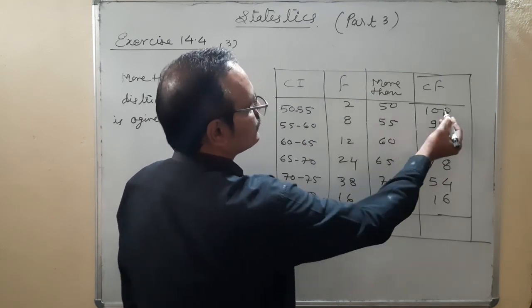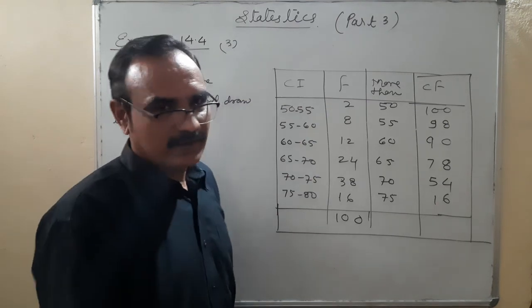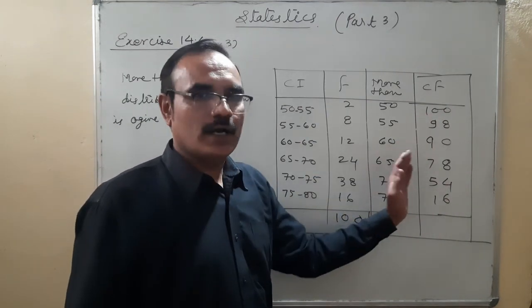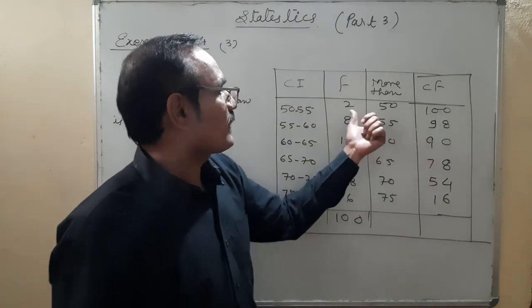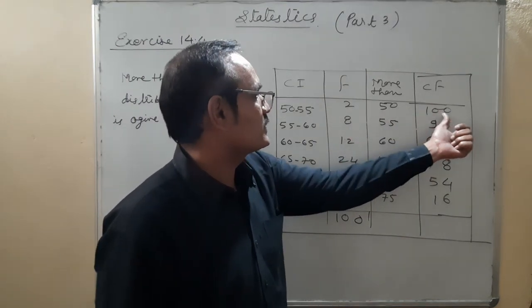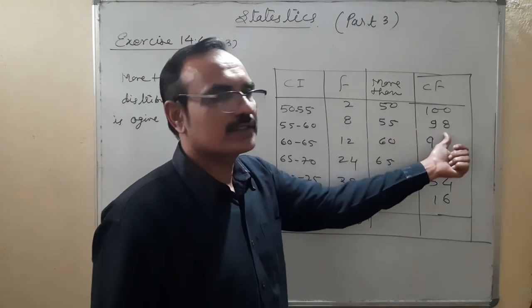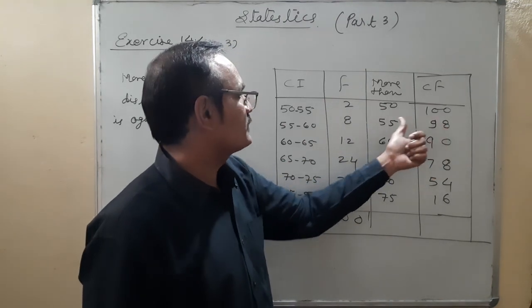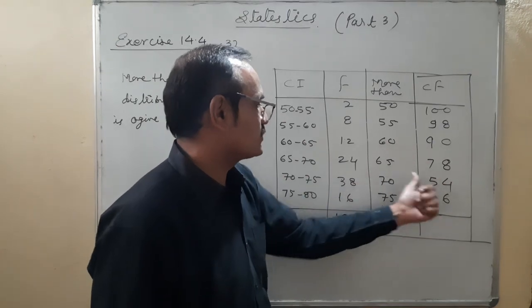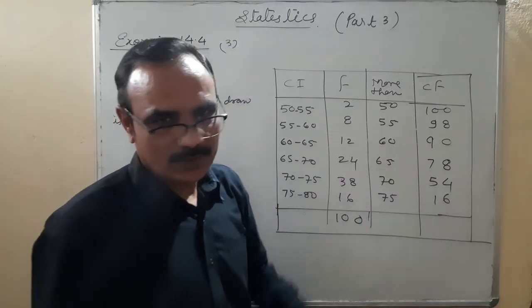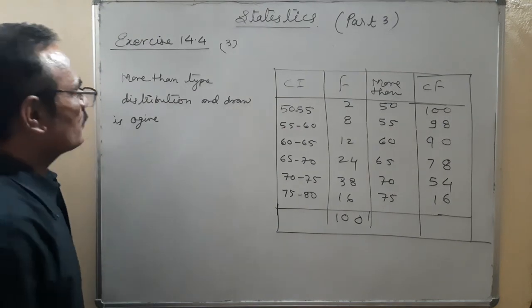And 98 plus 2, that is 100. After cross checking, you can understand where you have made a mistake. So this is 100, 100 minus 2 is 98, 98 minus 8 is 90, 90 minus 12 is 78, 78 minus 24 is 54, 54 minus 38 is 16. Okay, so this is the CF column.